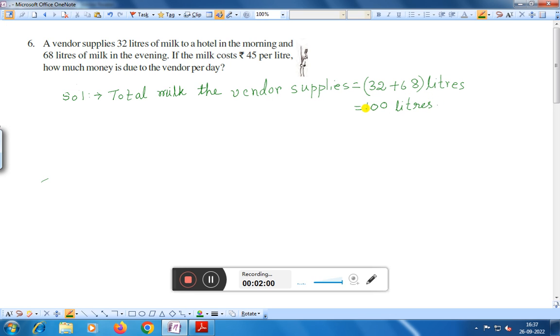Now the question is, if the milk cost is 45 per liter, that means 1 liter cost rupees 45.